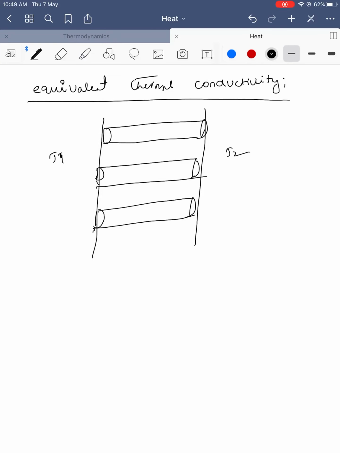So first of all we should know L equivalent. Almost all the lengths will be equal in every case; rarely the lengths will be different. So L equivalent will be L1 plus L2 plus L3 by 3, or up to n rods, L1 plus L2 plus and so on plus Ln by n.